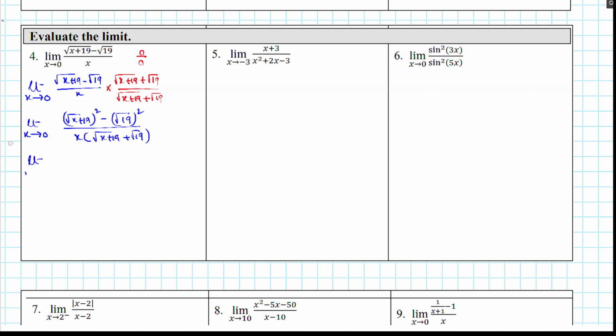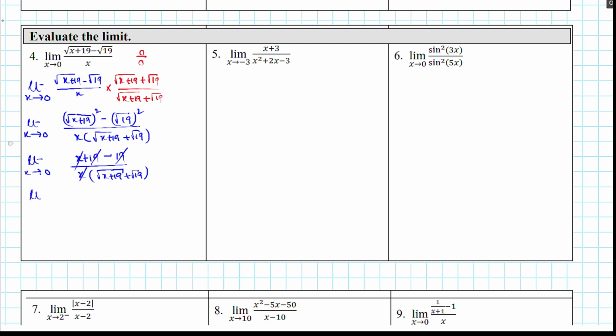So this is the limit as x tends to 0 of x plus 19 minus 19 over x times square root x plus 19 plus square root 19, right? Here the 19 gets cancelled and x gets cancelled.